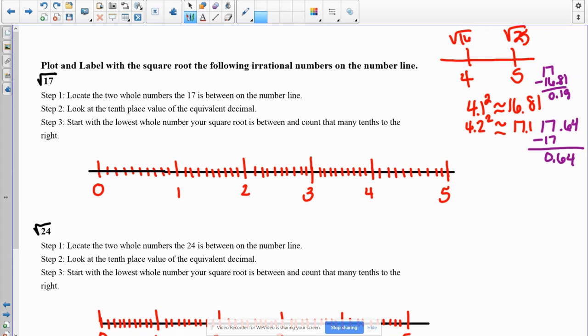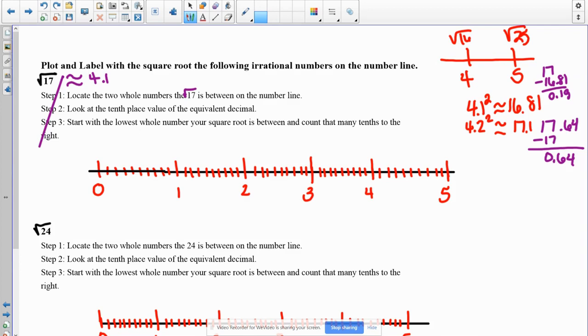So our estimate for this value is approximately 4.1. We've located the two whole numbers that the square root of 17 is between, and looked at the tenths place, which is 4.1.